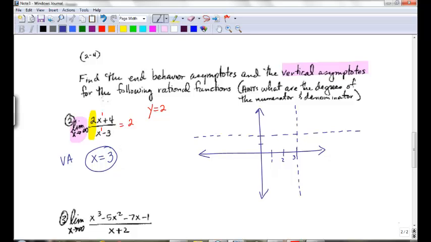Now put this in on the calculator. Make sure you do parentheses. So you'd have the 2x plus 4 divided by parentheses x minus 3.